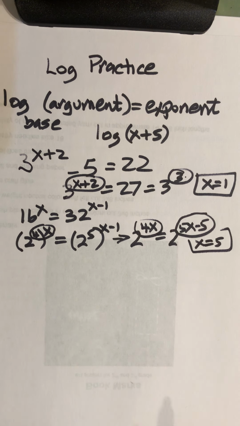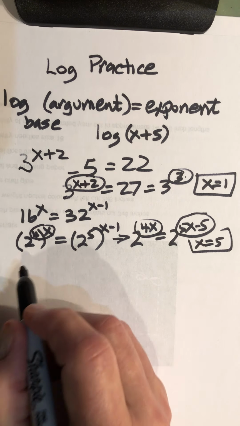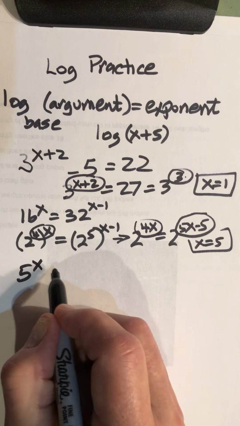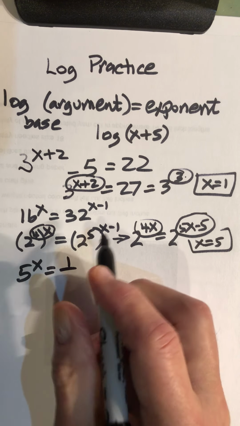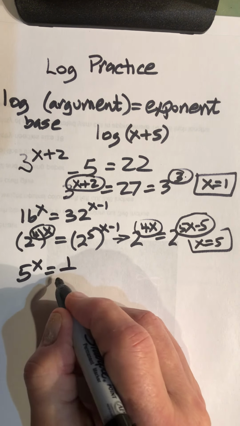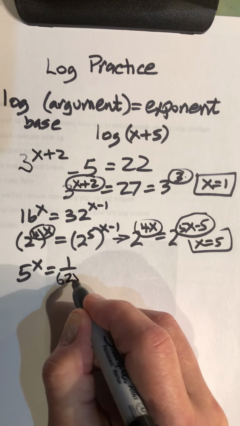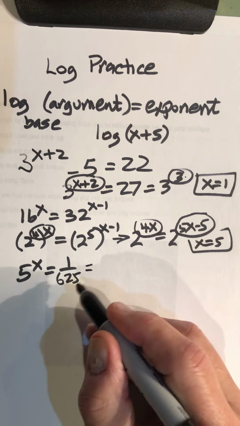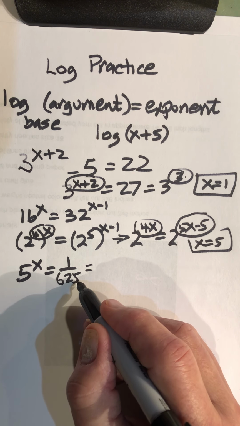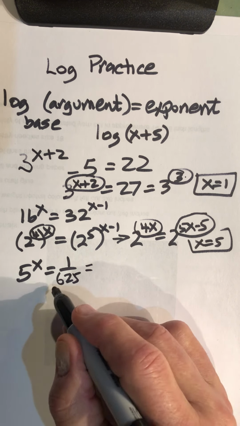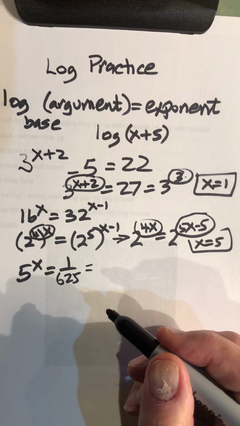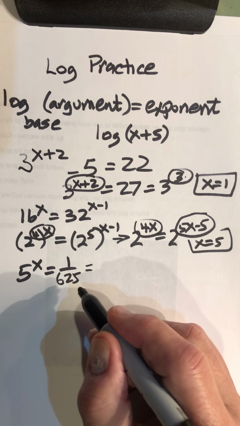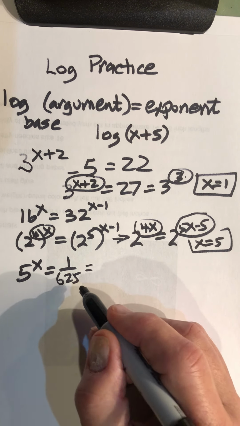Do another one. What about 5 to the x equals 1 over 625? Okay, well, remembering my negative exponents, 625 is actually 5 to the... 5 squared is 25, 5 cubed is 125.